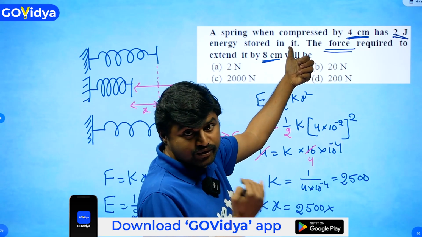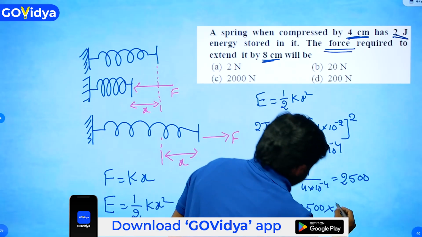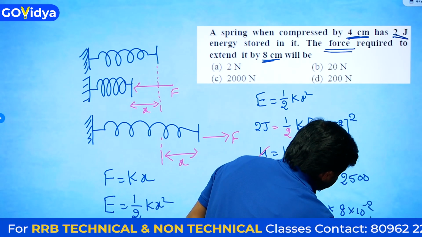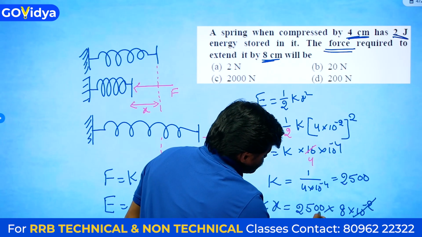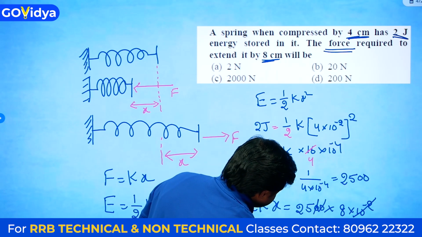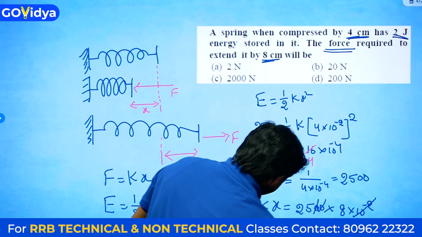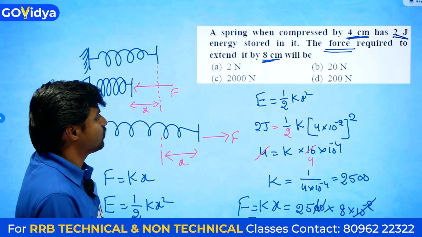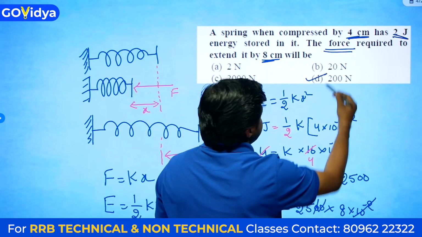We have to convert it into meters: 8 into 10 power minus 2. Okay, these two zeros will cancel. 25 into 8 is 200 newtons. Force is equal to 200 newtons. From the options, option D is the correct answer.